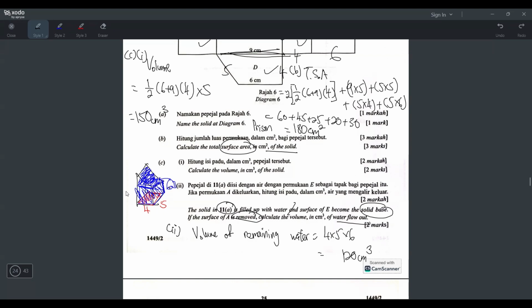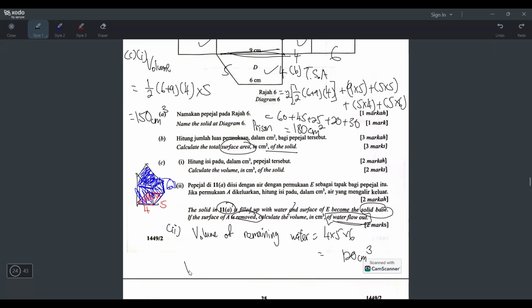But what does the question want? Volume of water flow out. Oh, sorry. They want the volume of water that flows out. So the water that flows out will be 150 minus 120. Correct? Because 150 is the total volume of the whole thing, right? And when I remove this surface, all this water flows out already. Okay? And you are left with 120.